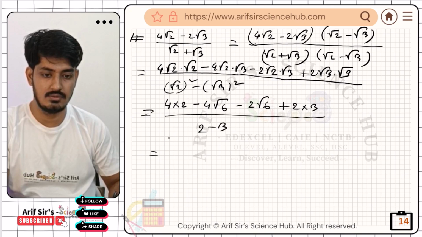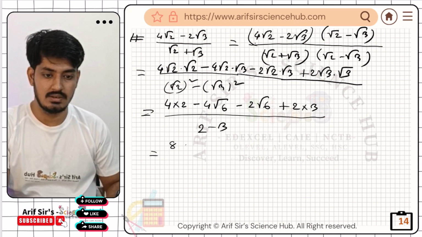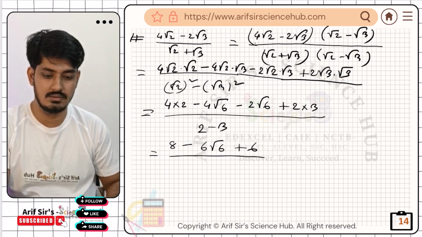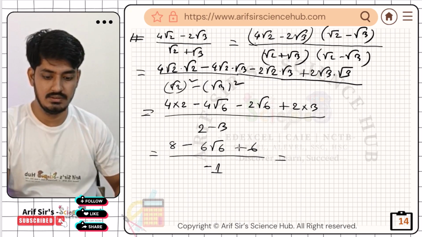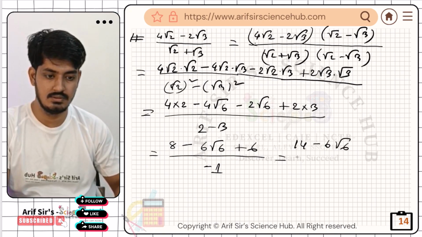We can easily write 4 into 2 is equal to 8, then minus 4 root 6 minus 2 root 6 should be minus 6 root 6 plus 3 into 2 is 6. Then we can write minus 1 here. 8 and 6 will be 14 minus 6 root 6, right, minus 1.